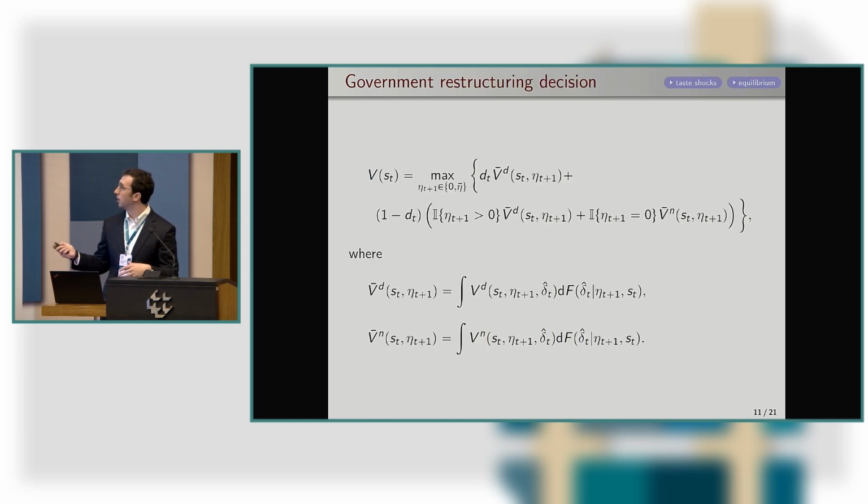So, the government restructuring decision is made at the beginning of the period, and it is basically just a yes or no decision. Do you choose to restructure or not? And upon restructuring, there may be some flow of bailout loans that are triggered to start.